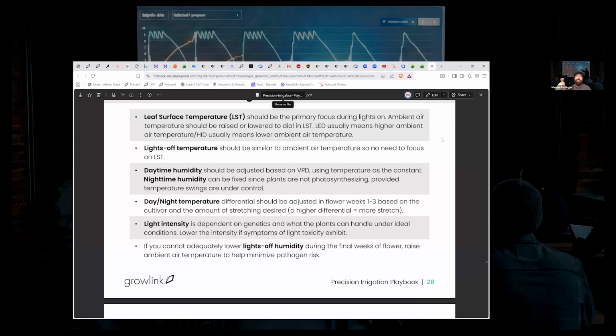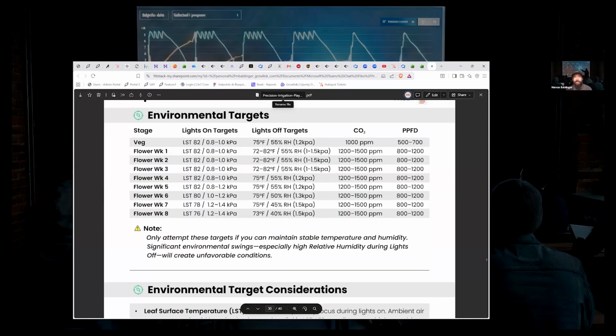Typically, if you were to go in and change your VPD, it's going to adjust your humidity instead, because again, we're trying to hit an optimal leaf surface temp. That's not something we want to be fluctuating up and down. Humidity is the variable that we want to be fluctuating so that we can keep our leaf surface temperature the same.